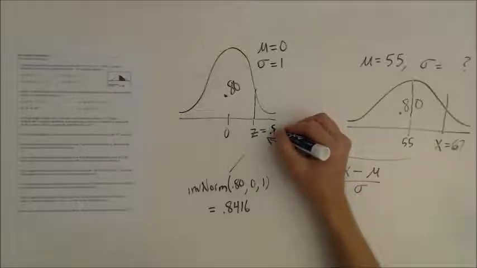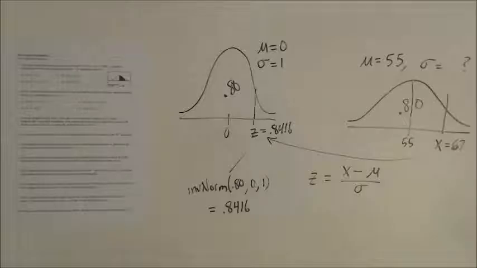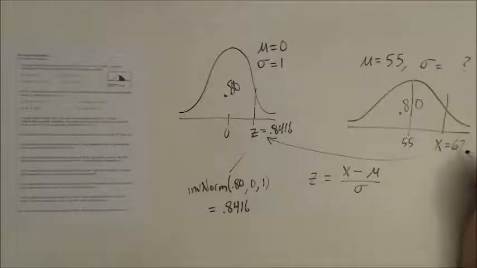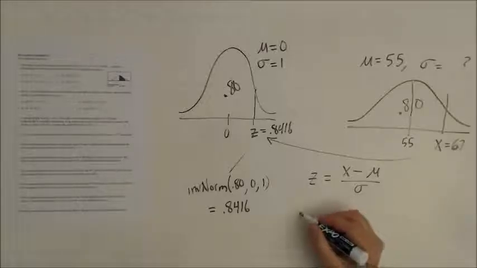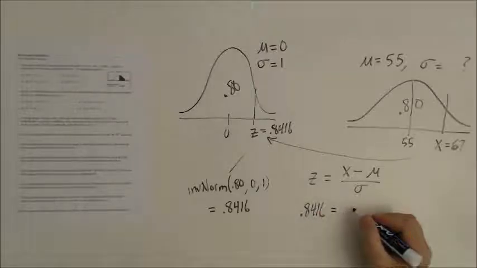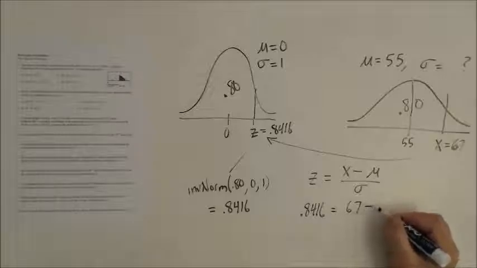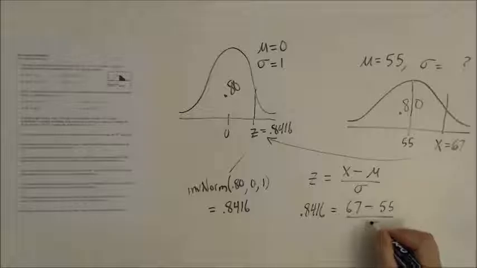This location, 0.8416, is the 80th percentile and corresponds to the similar 80th percentile of the other normal distribution. Thus, the formula allows us to relate this z-score to the corresponding value of x based on the z-score formula, where here the mean is 55, but the standard deviation is unknown.